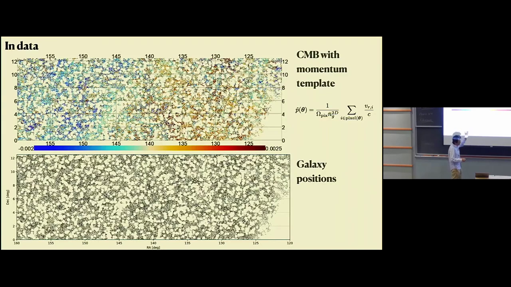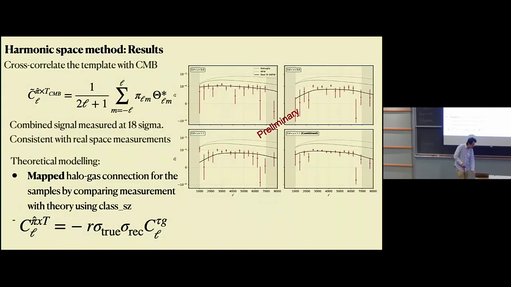These will be easier to interpret and also seamlessly plug into new analyses. Once we build this template, we can just cross-correlate the temperature and this momentum field, and we achieve similar measurements, given that they are essentially the same kind of estimator.